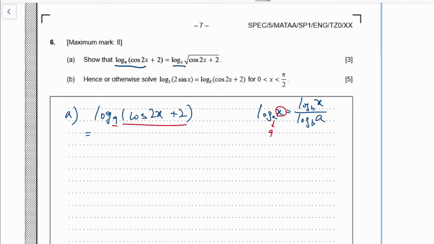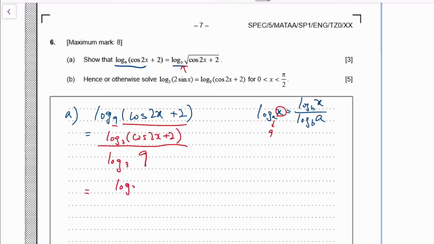Okay, so according to change base formula, it is log x, which is the whole thing, over log a, which is the 9, while the b's are the new base, and that is up to us. So we can choose the new base as long as they are the same. But this time, obviously, we'll make it 3 because the question wanted it to be 3.